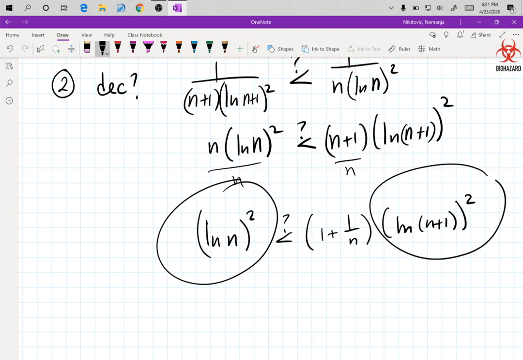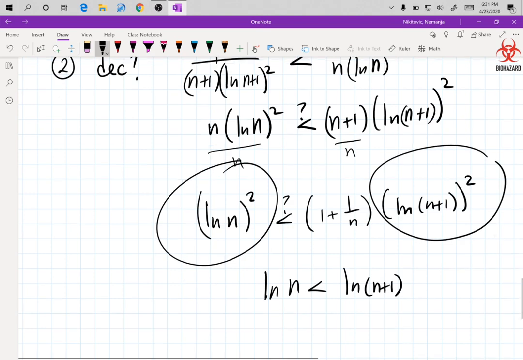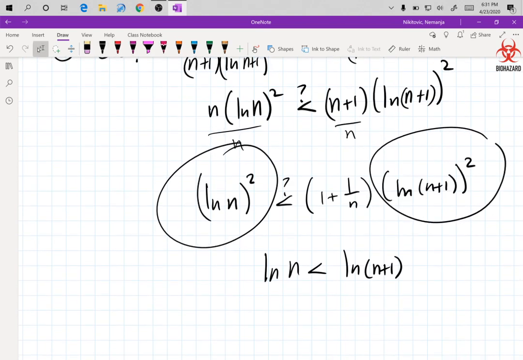See, ln n is always smaller than ln n plus 1. That's a given because it's an increasing function. But when you square, there is the sweet spot where the left side is bigger. So ln n is always smaller than ln n plus 1. That's always, right, the whole domain. But when you square the two values, it becomes not true.